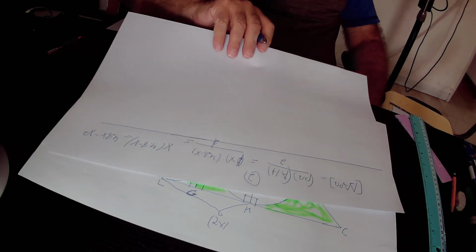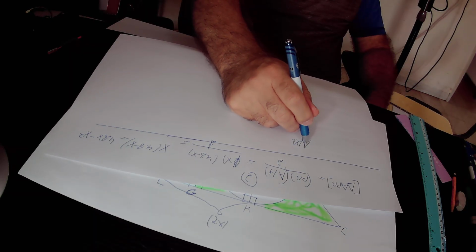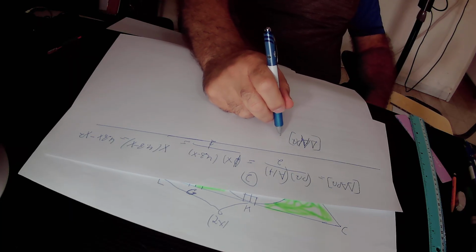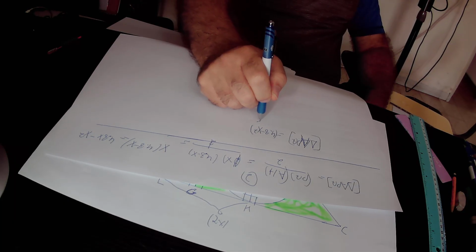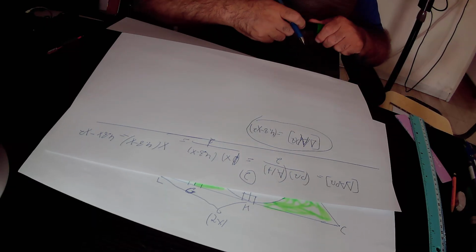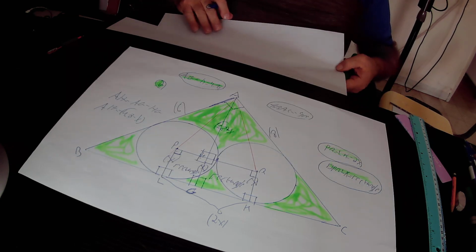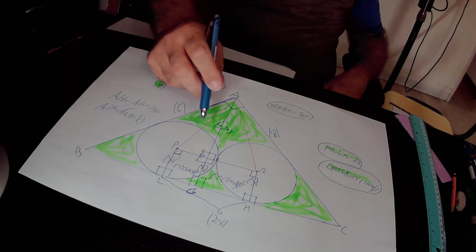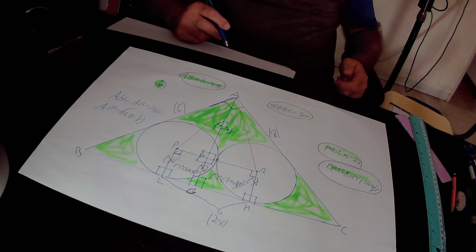So in total the area of the small triangle APQ is equal to 4.8x minus x squared.